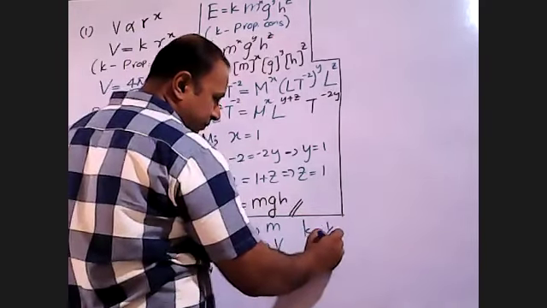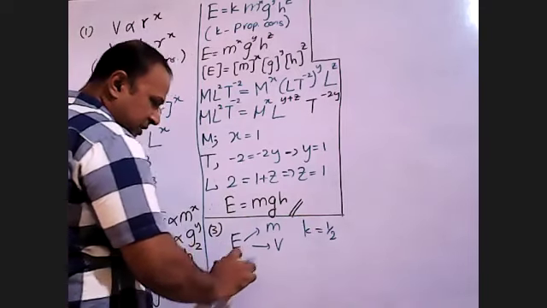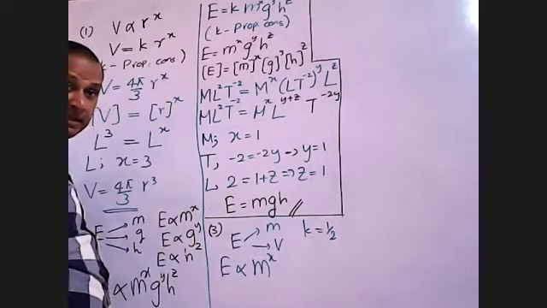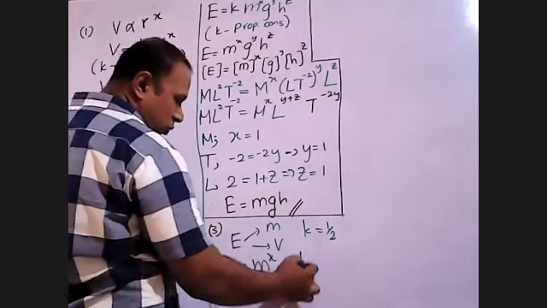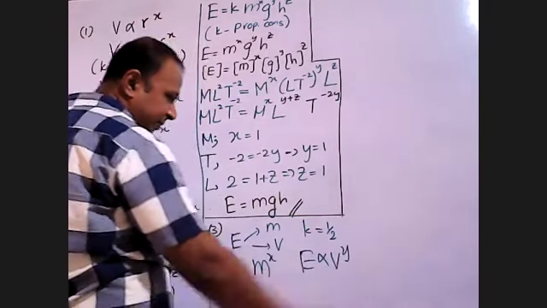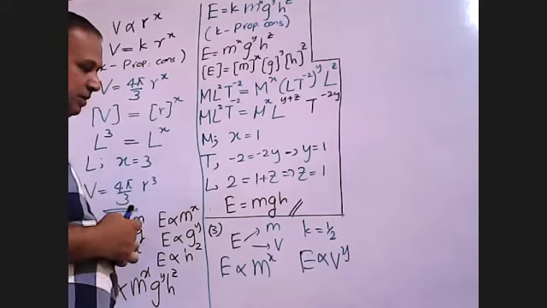As a first step, I can write E is directly proportional to m to the power x. I don't know x, this is an assumption. Then I can assume E is directly proportional to v to the power y. I don't know y, I have to find that.